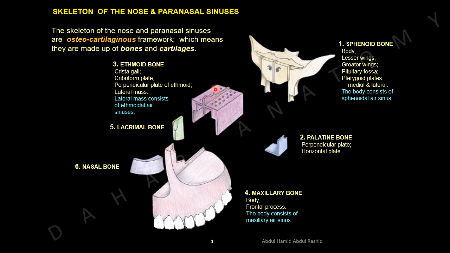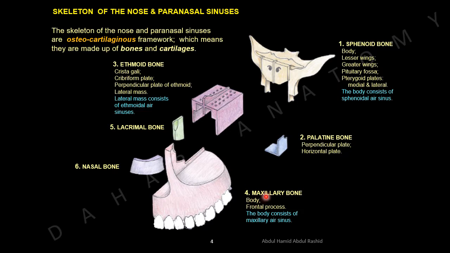On either side of crista galli are perforated plates called cribriform plates. Below the crista galli is the perpendicular plate of the ethmoid bone. Then on the lateral side of the ethmoid bone is the lateral mass of the ethmoid bone. This lateral mass consists of ethmoidal air sinuses.